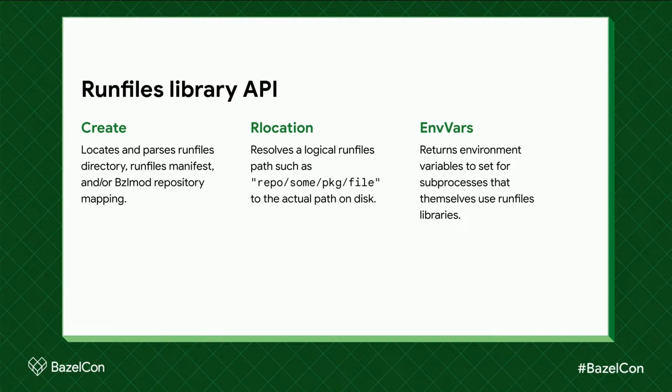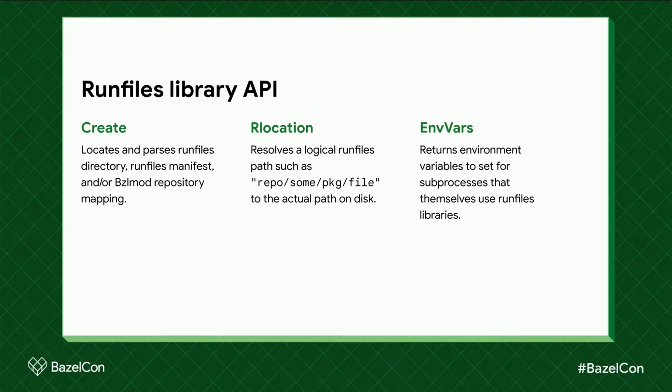And then, because I claimed that this also works with subprocesses, but some people may know Bazel doesn't build runfiles trees for anything but the top-level target that you actually ran. They're all merged together, which means that if you want to run this for a subprocess, there are some environment variables that you need to set. But with runfiles libraries, that's easy.